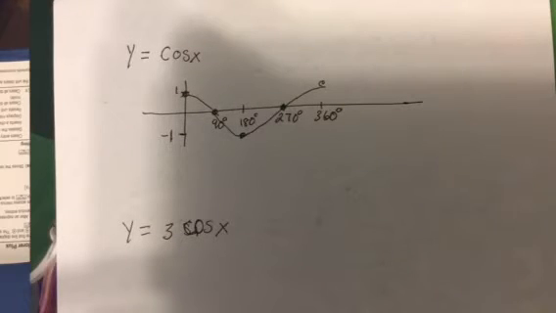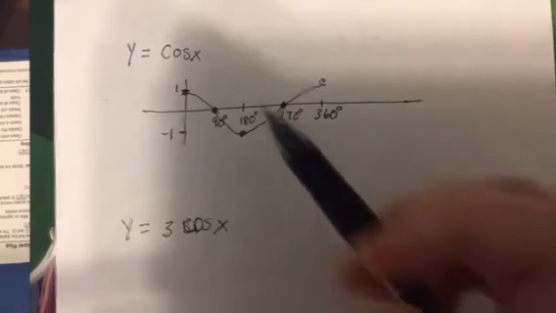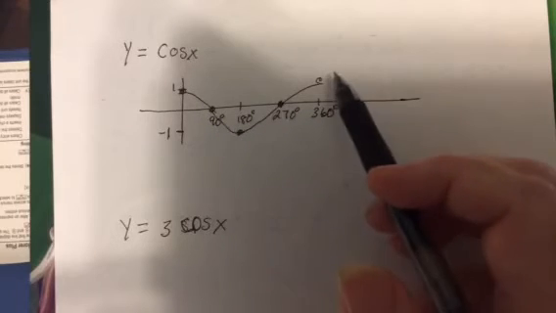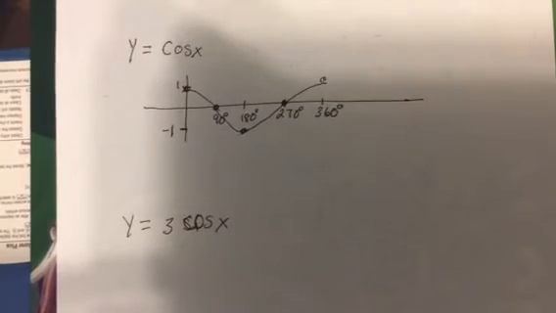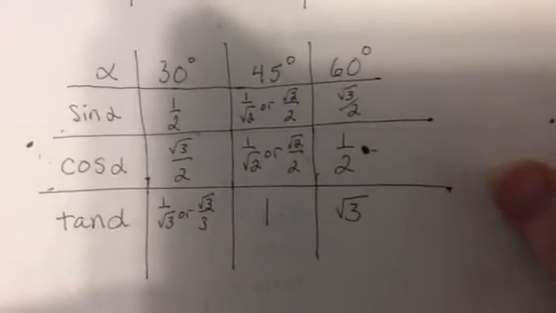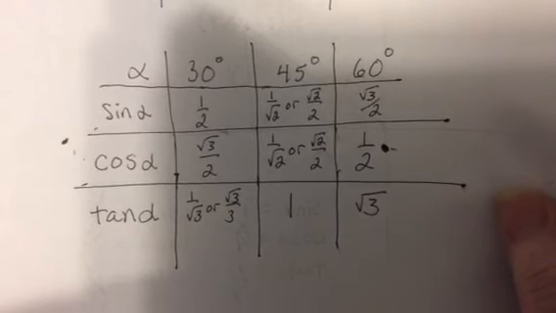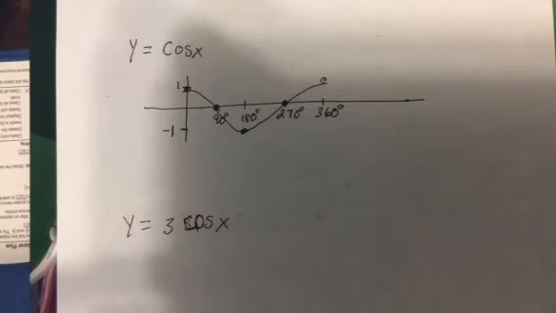Cosine. If you remember from yesterday, our basic cosine starts at 1, goes to 0, negative 1, 0, 1. Oh, by the way, you may use this chart by your side. So if you want to freeze this and write it, and you may use the chart with x and y on it too.